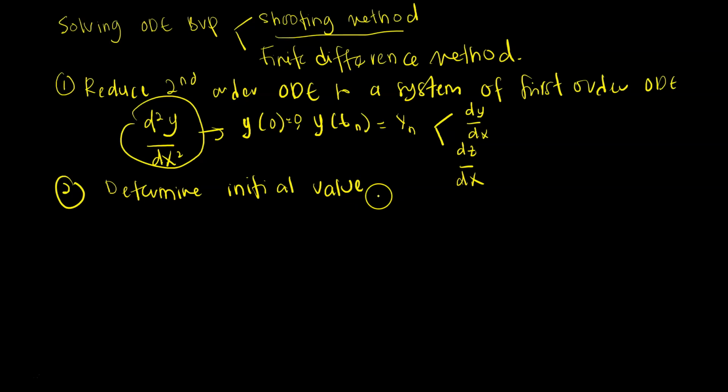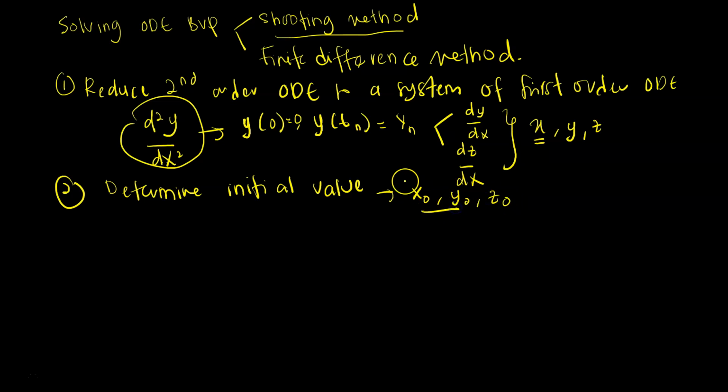Initial value here means that you need to determine the value of, see, we have 3 variables, x, y, and z. That is, x is the independent variable, y and z are dependent variables. It means that we need to find or determine the initial values of x naught, y naught, and z naught.